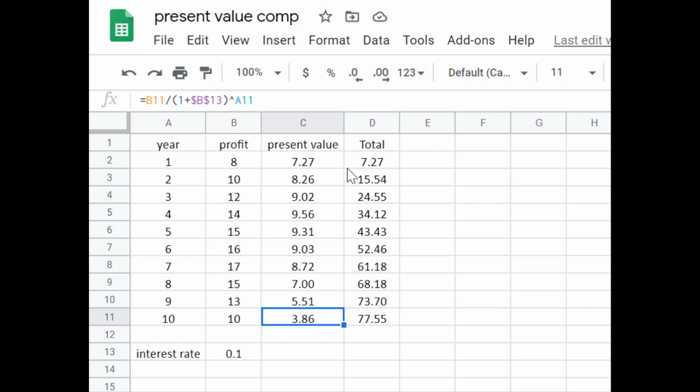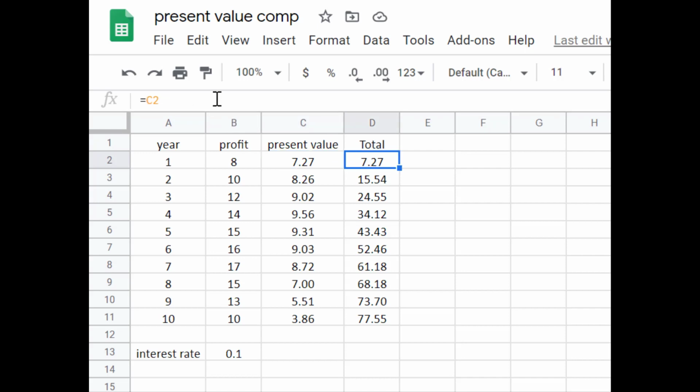It's very convenient. Then column D is the cumulative profit in present value. For the first year, the total profit in present value will be only 7.27, which is in location C2.